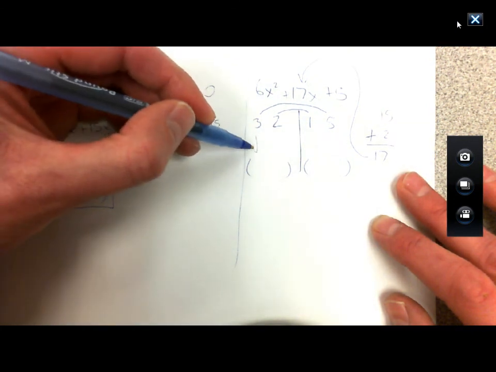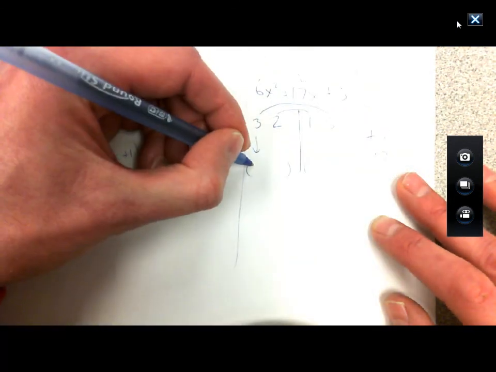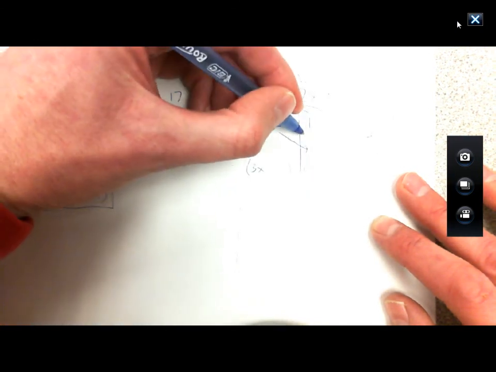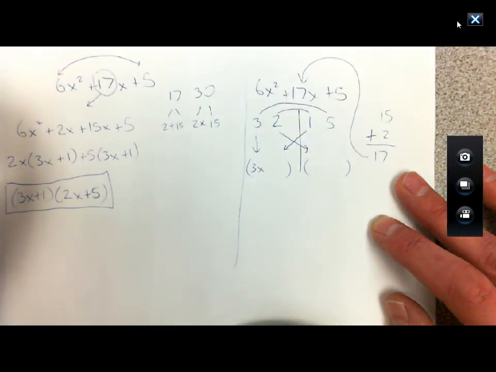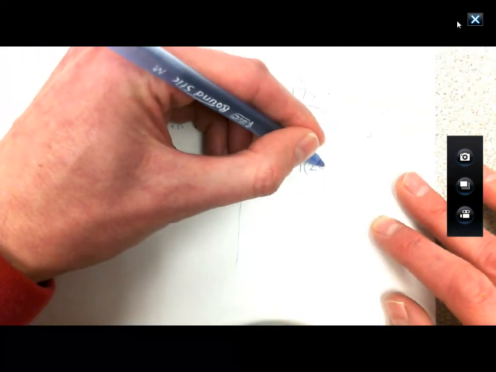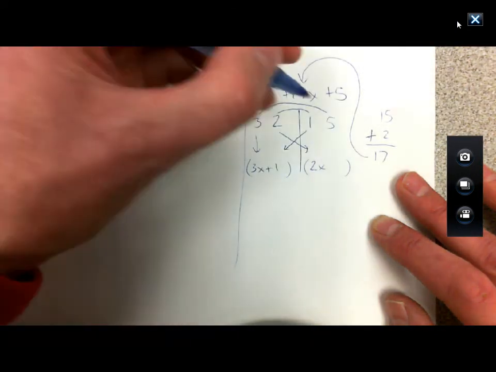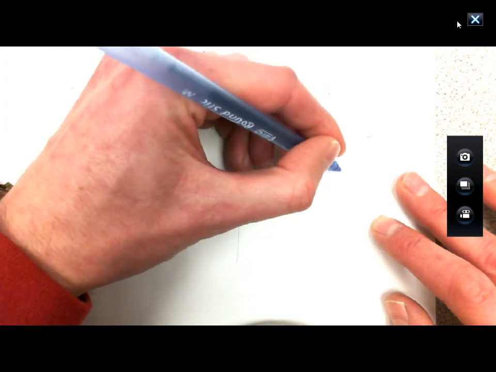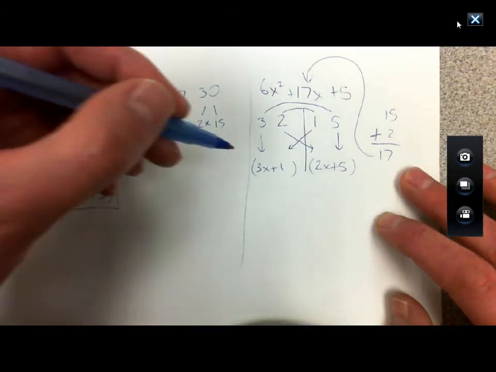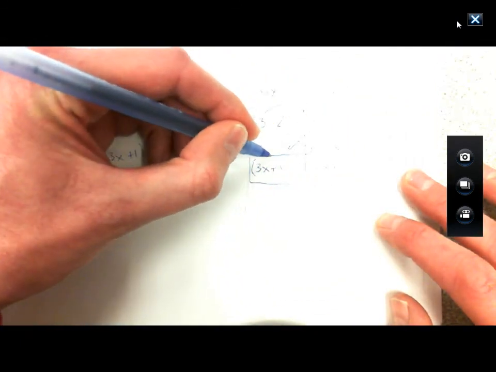The 3 comes straight down. We get 3x. The middle two terms are going to crisscross. And I'm going to get 3x plus 1 and 2x. And then the last term comes straight down. 2x plus 5.